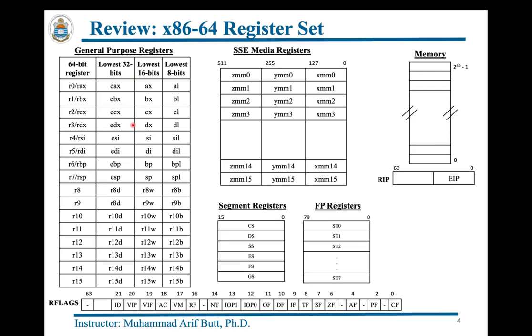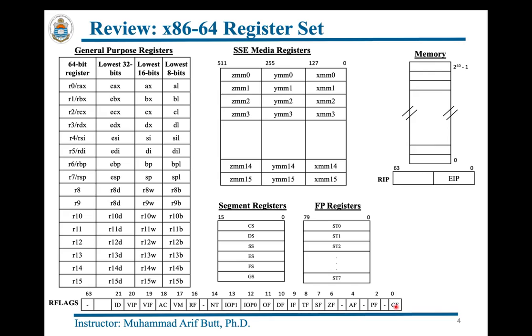After the general purpose registers, we have the 64-bit RFLAGS register. And out of these different flags, 6 are of our interest in today's session. First of all, the carry flag.